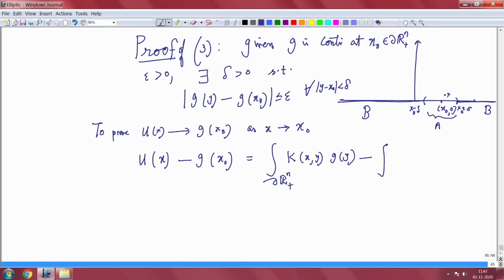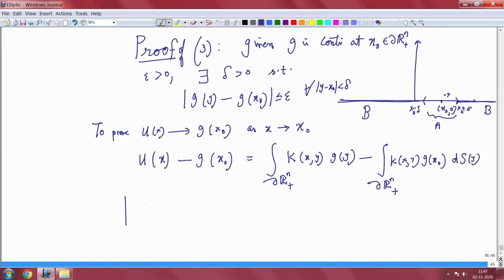So, I use that fact to write this as the integral over the boundary of Rn plus of k of x y times g x naught, which is a constant, and this integration is with respect to dsy, which is nothing but dy prime in this case.